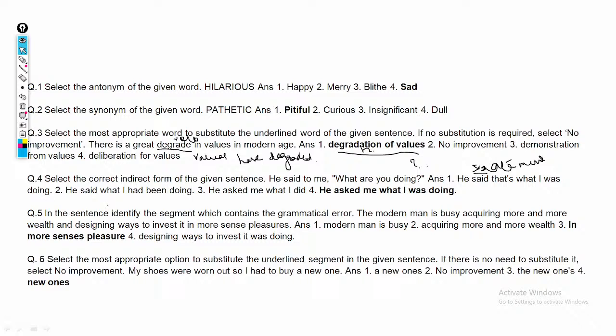The next one also has, he said, what I had been doing. Obviously, this won't be, because tense is different and said is also wrong. Next one says, he asked me what I did. But that is wrong because the tense is wrong. It will be in the continuous tense only. In the question, you have present continuous, right?